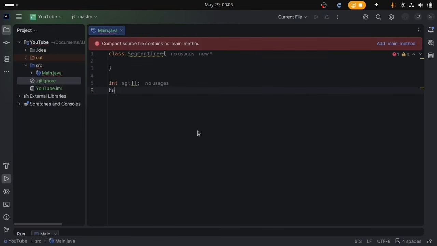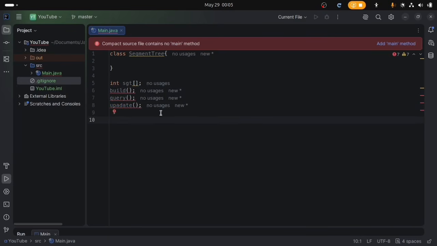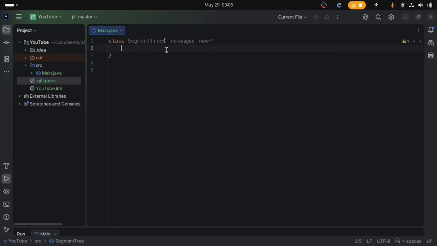Then you can implement 3 functions: build, query, update. There is no need to always create a class, but for being a better practice, I am creating a class.